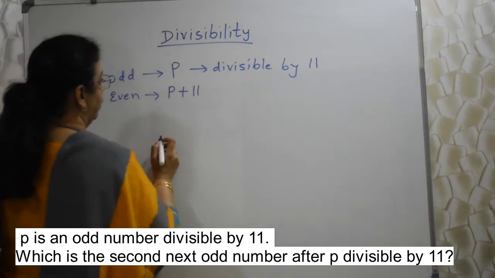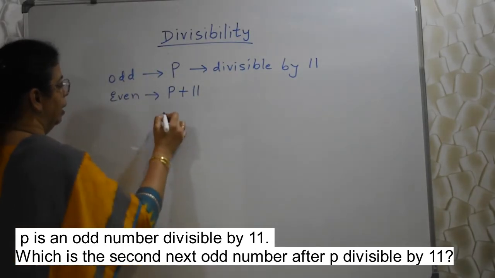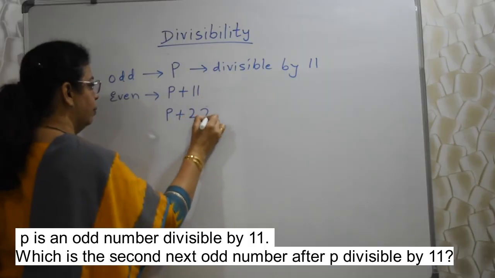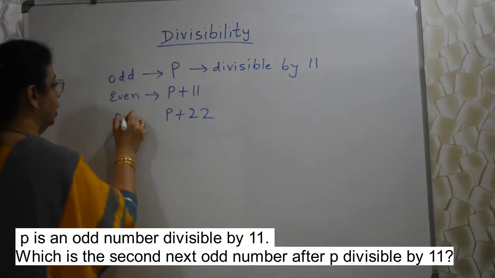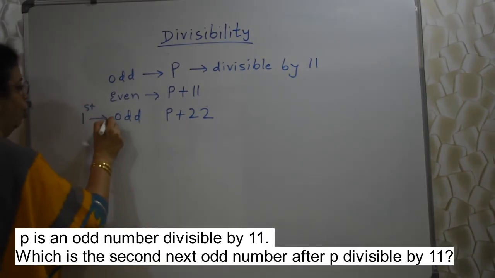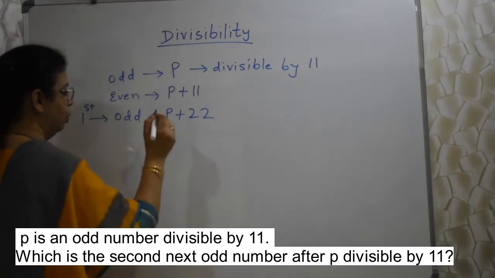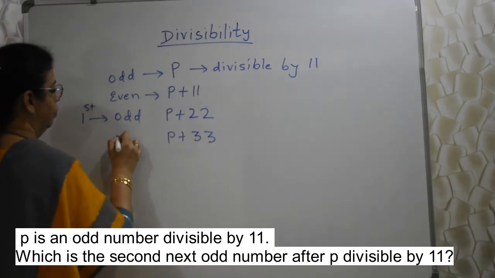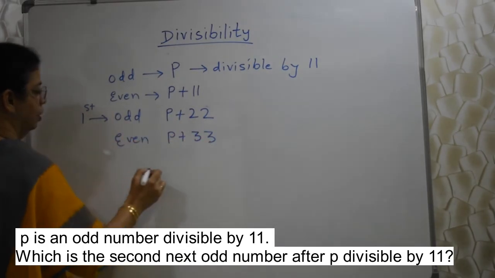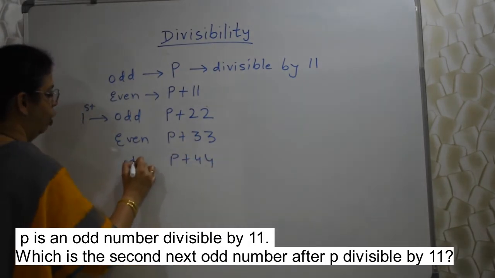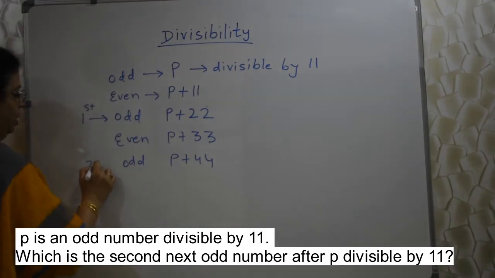Okay, so this is odd, so next has to be even, right? P plus even 11 करेंगे तो even number मिलेगा. ये 11 को फिर से 11 ऐड करोगे, so next number 22. So this will be odd, but this will be first odd. They want second odd, so we have to still go ahead. इसमें अगर 11 ऐड करोगे, so 33, but this will be even. P plus 44. This will be odd, and ये अगर first है, तो ये second.